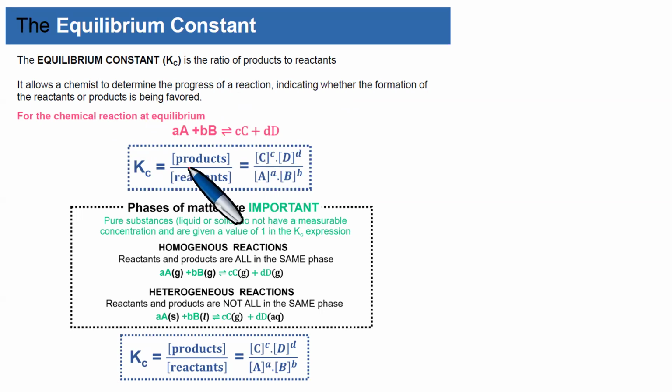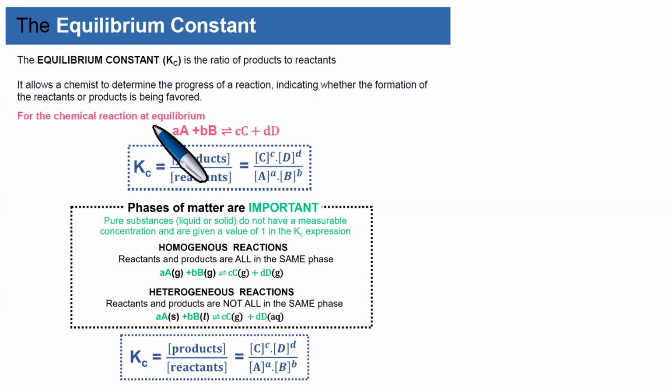What is Kc? It is the ratio of products to reactants. That's the definition, if somebody asks what Kc is. It allows the chemist to determine the progress of a reaction, indicating whether the formation of the reactants or products is being favored.